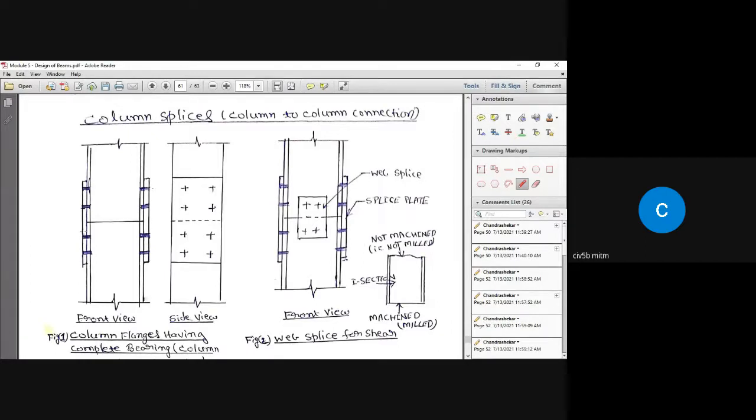That is the reason we make those I sections for a specific length, and we transport it to the spot. So when we are constructing a high-rise building, whatever section length we bought from the market may not be adequate. In that case, we need to put one section over the other and connect them. That is called splicing.